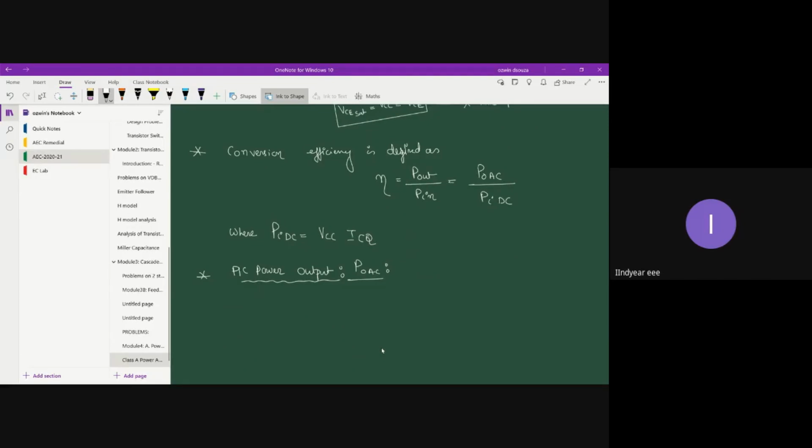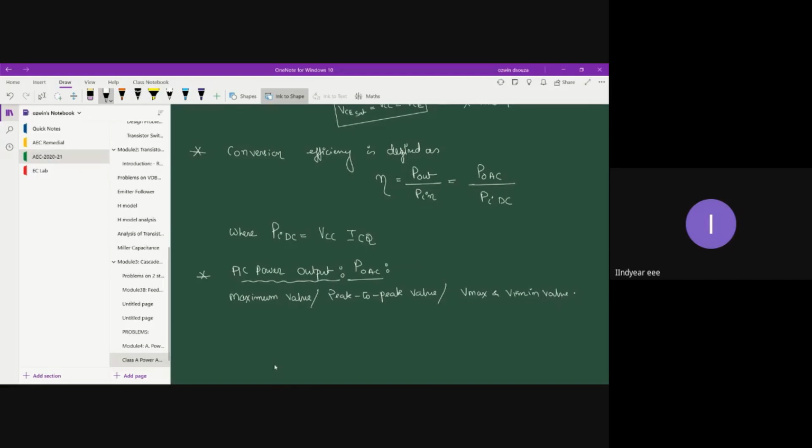For example, if you want to represent the voltage signal, you can represent it in terms of the maximum value, or you can represent it in terms of the peak to peak value, or you can also represent it in terms of the Vmax and Vmin values.